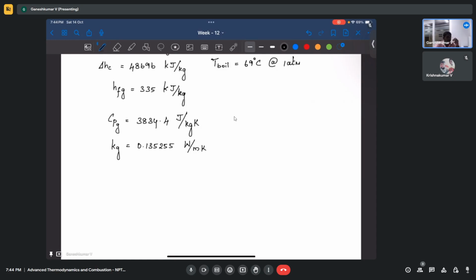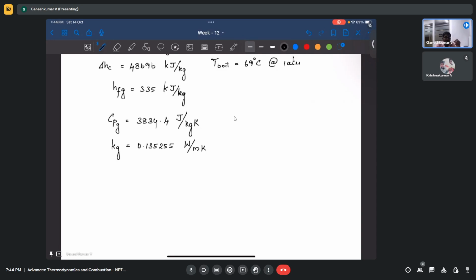The reason we need to select this is that we are interested in the mass burning rate, and the mass burning rate is going to depend on evaporation of the droplet. And what controls evaporation of the droplet? The temperature difference from the flame to the surface and the gases present in between them.